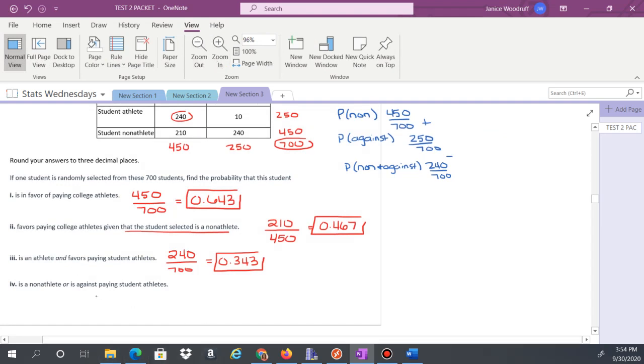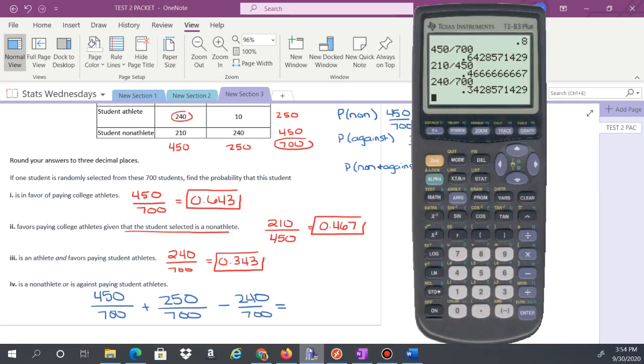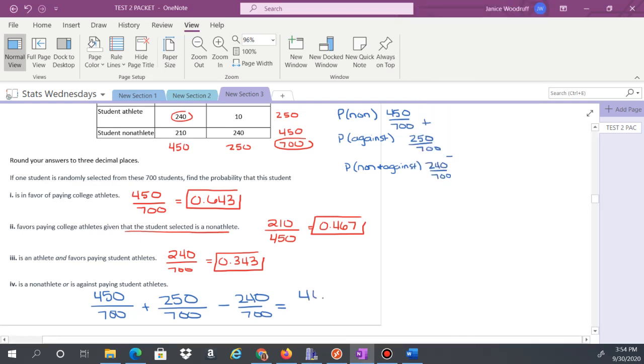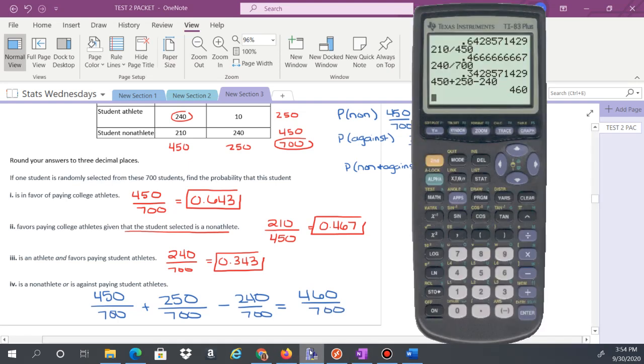Okay, so we've got 450 out of 700 plus 250 out of 700 minus 240 out of 700. So 460 out of 700 will give us 0.657.